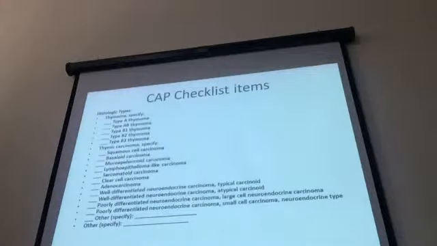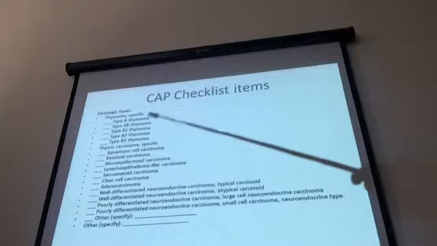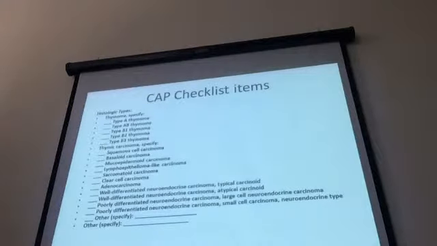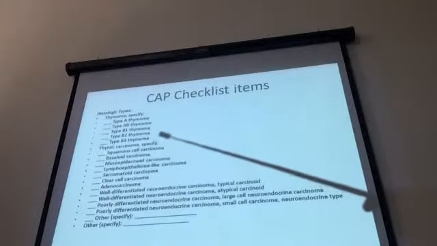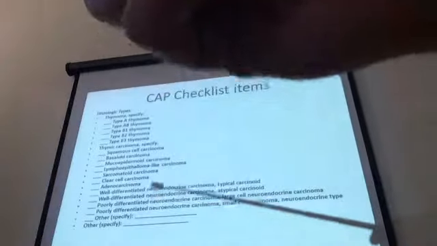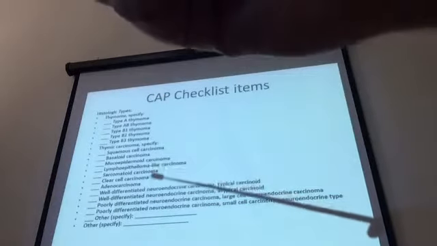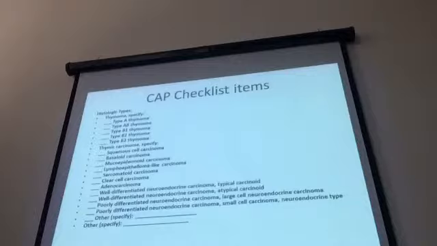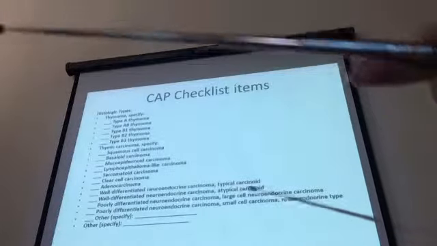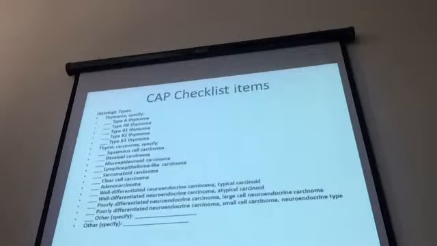So here is the CAP checklist that we use. And as you see, this is the WHO classification. Now, if we have carcinoma, and we'll talk about this, you'll see that it can be a whole variety of histologic types. And we'll talk about neuroendocrine tumors very briefly.